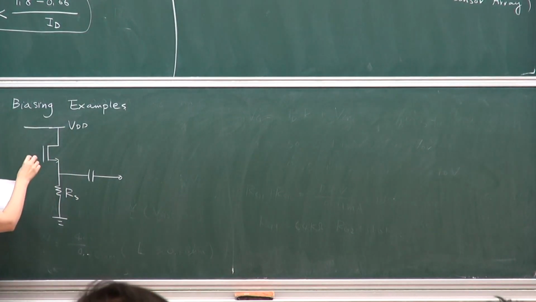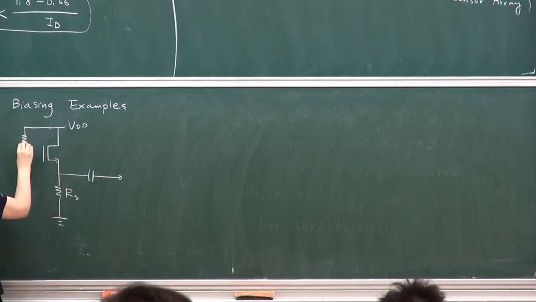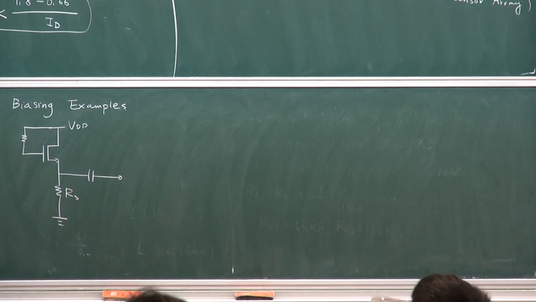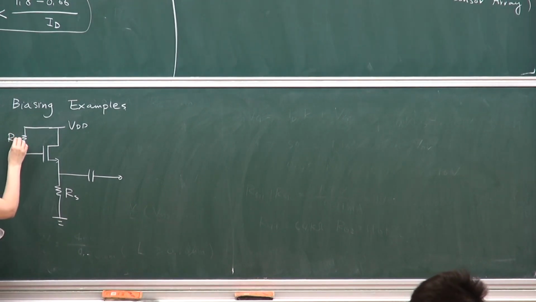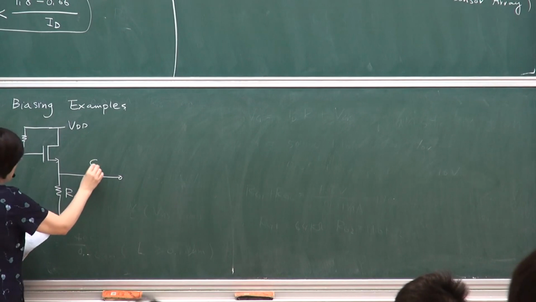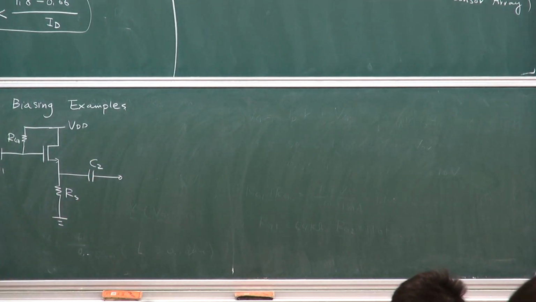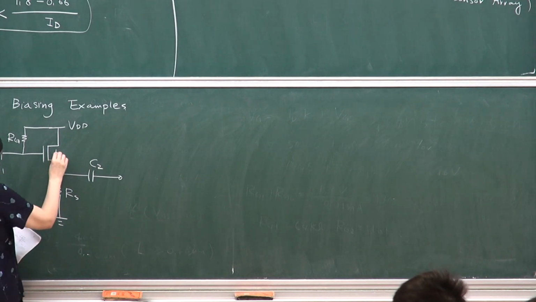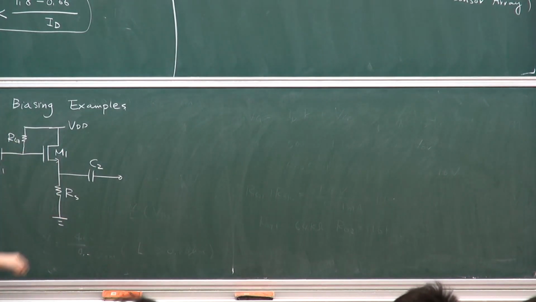To determine my gate bias, I'm simply going to use the single-stage self-biasing stage with an RG in between. And then this is my input. There are two coupling capacitors to couple input and output, and this simple stage's DC bias will be determined by VDD and RS.